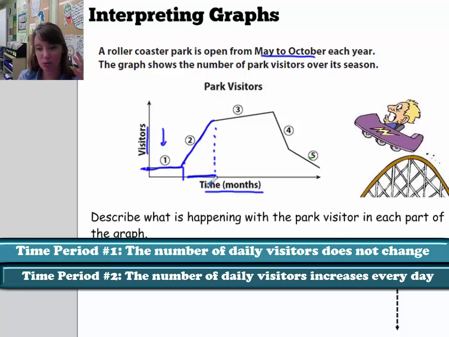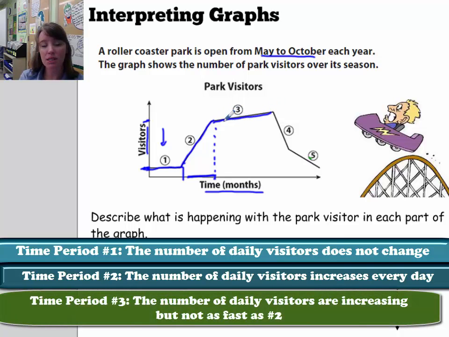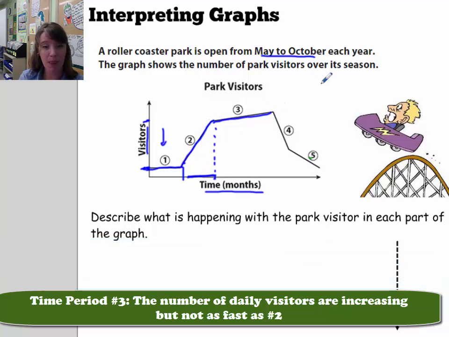Again, we don't have a lot of specifics about how much time this is, but we know that in time period number 2 the visitors are rapidly increasing, because it starts at this y value and it ends at this y value. Now in line segment number 3, the line is still increasing, but at a slower rate. So in number 3, the visitors are still increasing, but at a much slower rate than in line segment number 2.